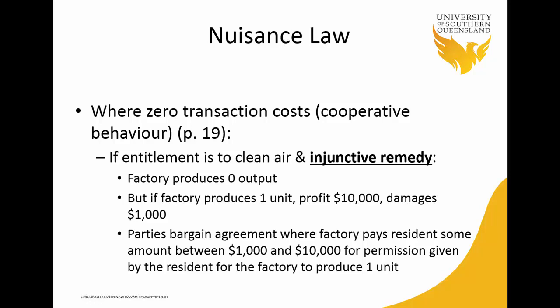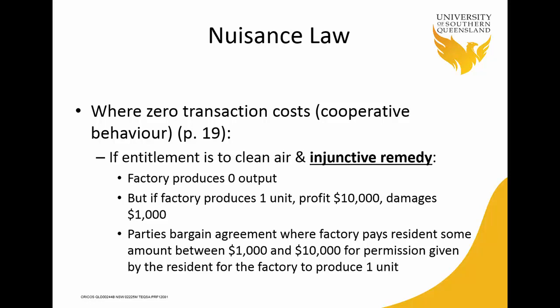So we'll start without the problems of strategic behavior or incomplete information. We'll come to that in a minute. But first we're going to look at the entitlement to clean air. So this is the victim now. The victim has entitlement. And we're going to look at what happens with the injunctive remedy. So what does that mean? I will give the right, as the policymaker or as the lawmaker, to the victim so that they are going to benefit from clean air.